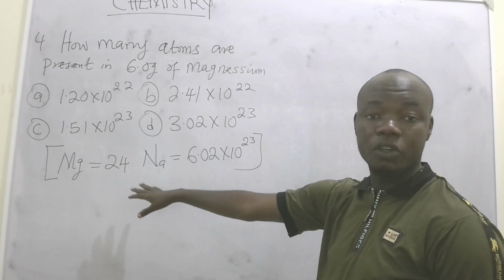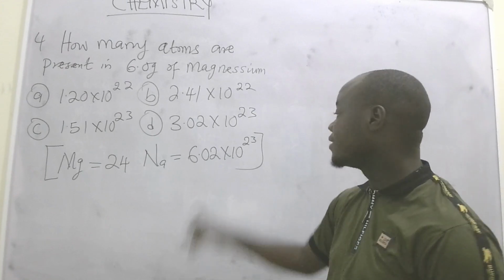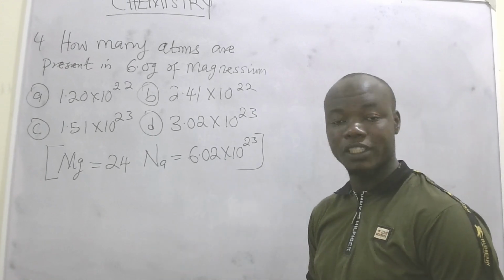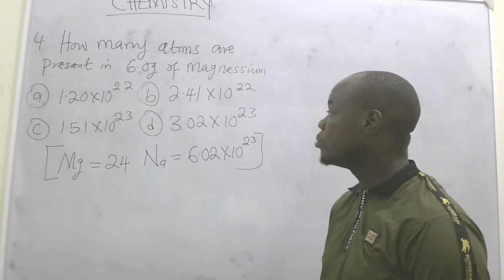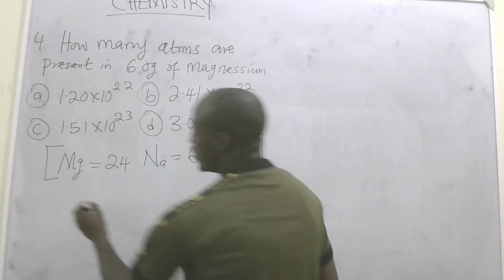We have the molar mass of magnesium as 24, and Avogadro's number as 6.02 times 10 to the power of 23.